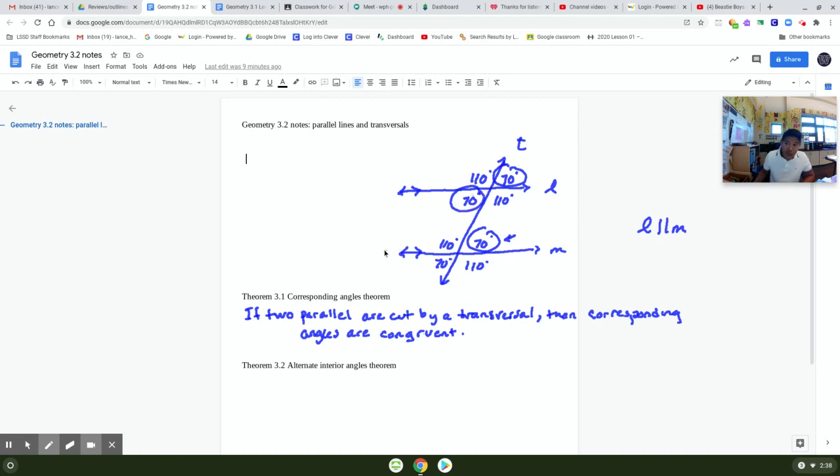So you could probably make the conclusion that if two parallel lines are intersected by a transversal, then alternate interior angles would be congruent. So I could start off my conditional statement the exact same way as I did theorem 3.1. You have to have two parallel lines intersected or cut by a transversal, then your alternate interior angles would be congruent.